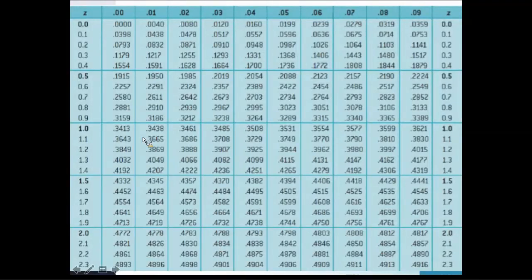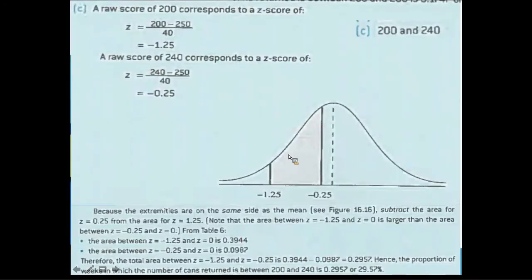Might be on the next table, yes. A Z score of 1.2 and across to 5. 0.3944 is my area there. Got the two areas, subtract the two from each other, and we've found the area in the middle, 0.2957.